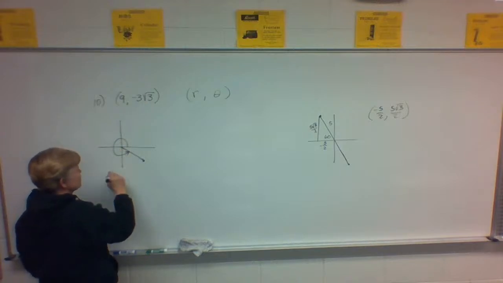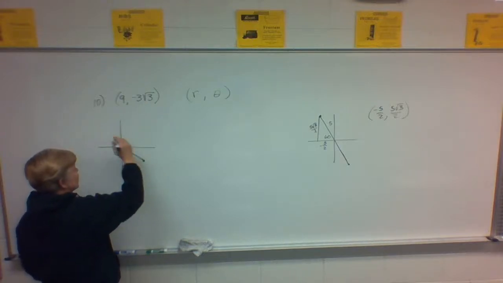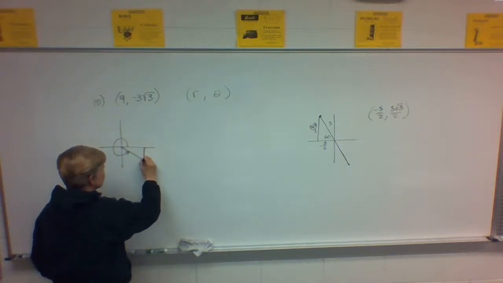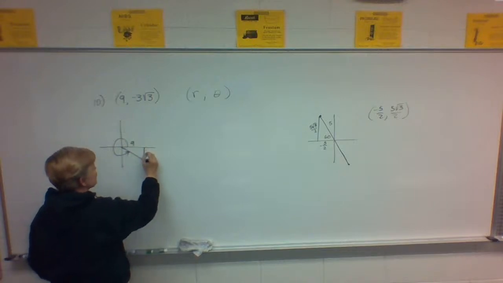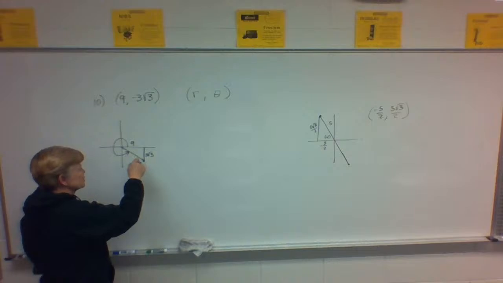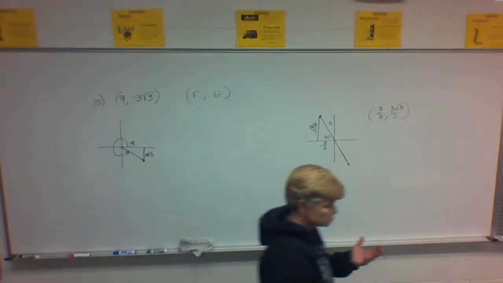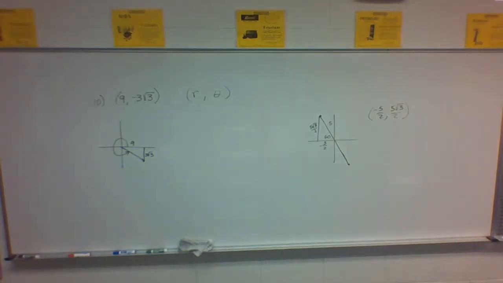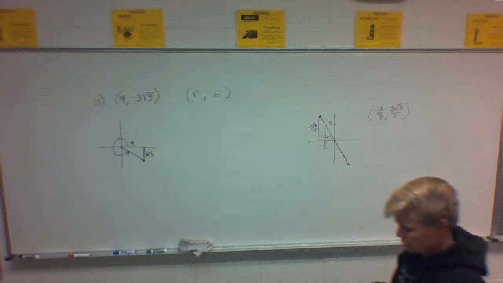So we need this angle, and we need this length, and we have this information here. If you draw a triangle, we have 9 and 3 root 3. I know it's negative, but I want to find this using the positives. The r is going to be the length of the hypotenuse.